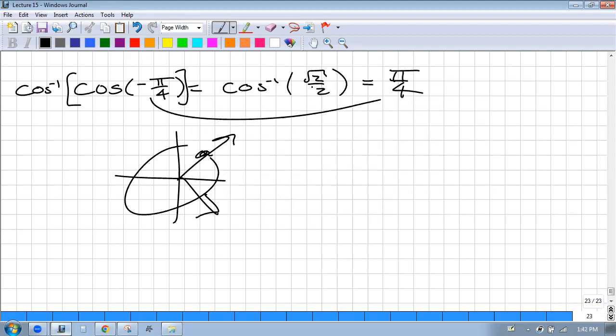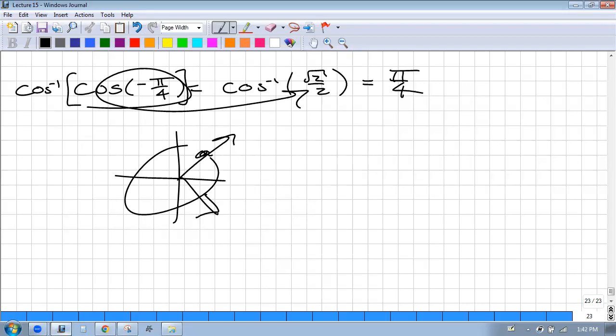We're not getting the same number back. This is a fancy way of writing root 2 over 2. Yeah, we see that it came from minus pi over 4, but mathematically, this is just a fancy way of writing that. And this thing here is not reading our handwriting. It's only seeing the values. It doesn't know where it came from. It gives us a candidate.